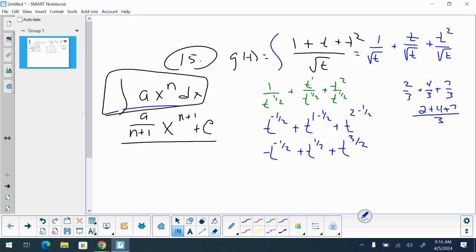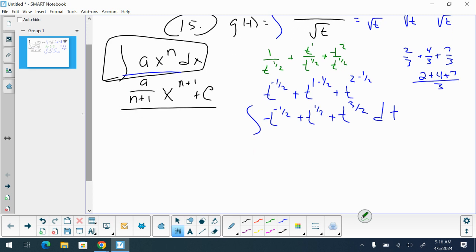And once again, our goal is to take the antiderivative of this with respect to t. So we have now accomplished what we wanted to accomplish. My coefficients to all these are a value of 1.